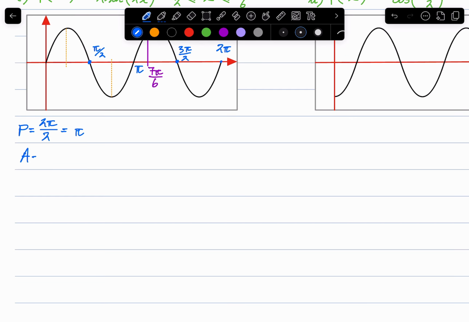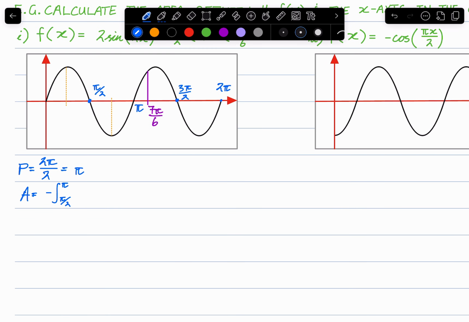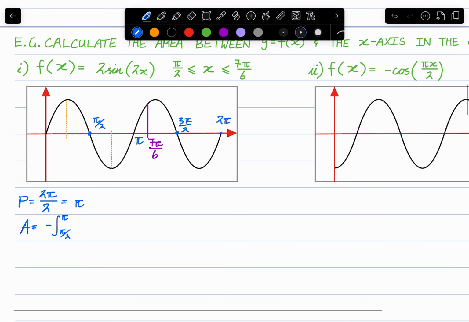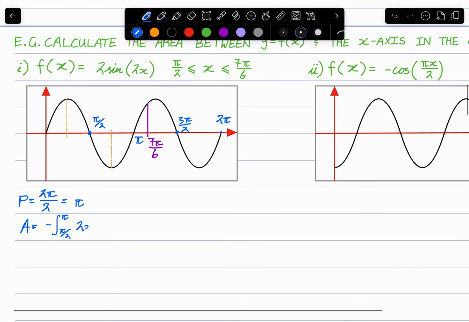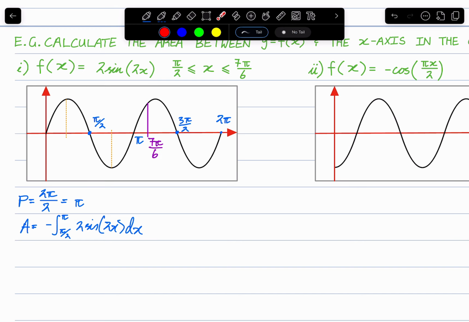So the area is now equal to the negative of the integral from pi on 2 until pi. And the reason why I've made it negative is because this portion of the graph is going to be a negative definite integral. So of the function 2 sine of 2x dx. So this first portion is this one.